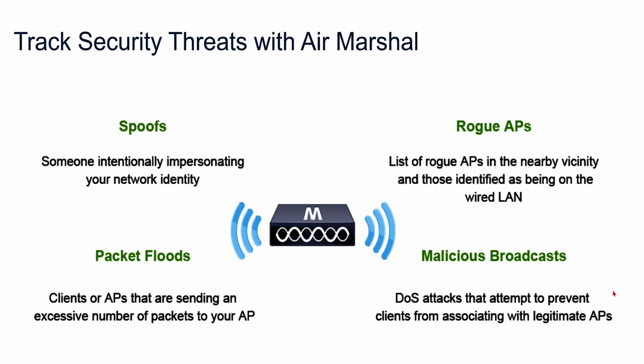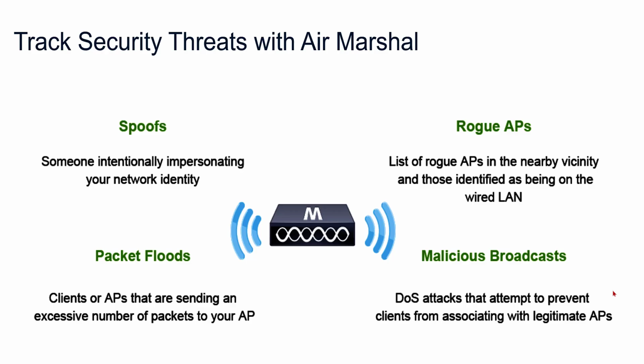And then we have malicious broadcasts, DoS or DDoS attacks that attempt to prevent clients from associating with a legitimate AP. In our RF space, by the way, so we're trying to prevent clients from associating, or we're trying to disrupt normal WLAN operations. Mostly that's tied to a deauthentication attack, but it could also be radio frequency jamming as well.